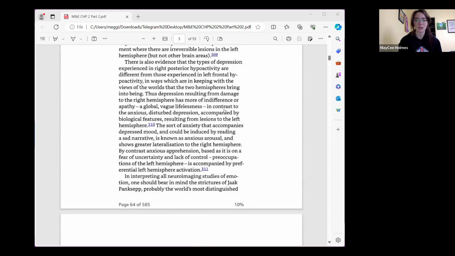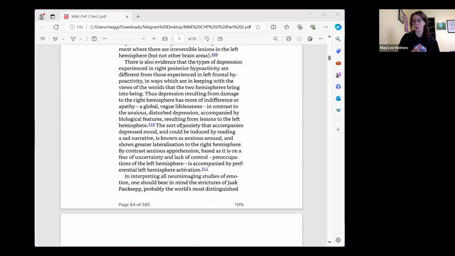When I read this, I thought the depression that is a vague lifelessness is the left hemisphere's version of depression. And in contrast, the anxious, disturbed depression accompanied by biological features resulting from lesions to the left hemisphere, I thought was the right hemisphere's version of depression.